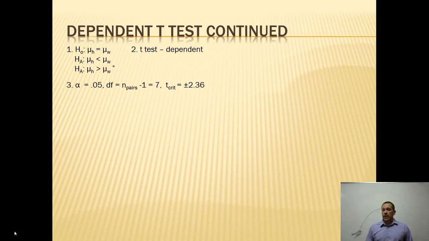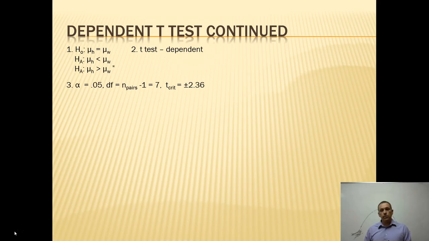Now, we need to calculate the degrees of freedom like we have for our other t-tests. In this case, for a dependent t-test, degrees of freedom are the n of our pairs minus 1. So in our case, we know that the therapist recruited 8 couples. They are matched pairs. So that's what we mean by the sample size of the pairs. There are 8 pairs, minus 1 gives us degrees of freedom of 7.